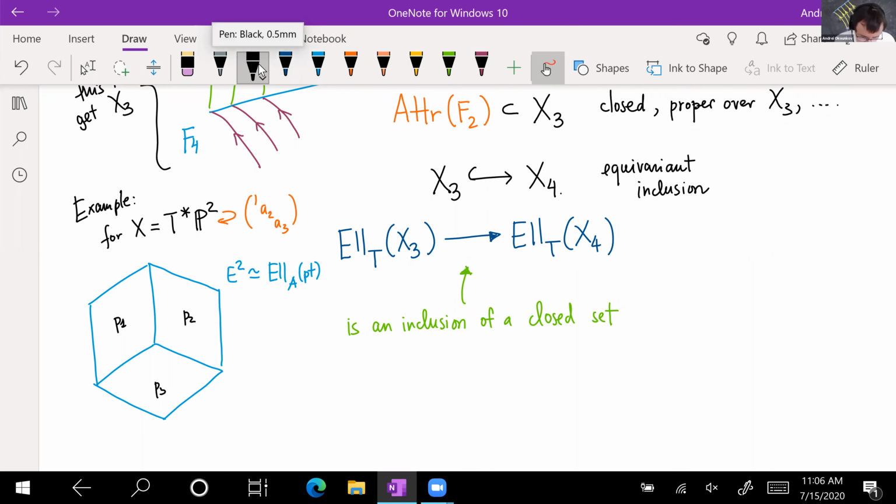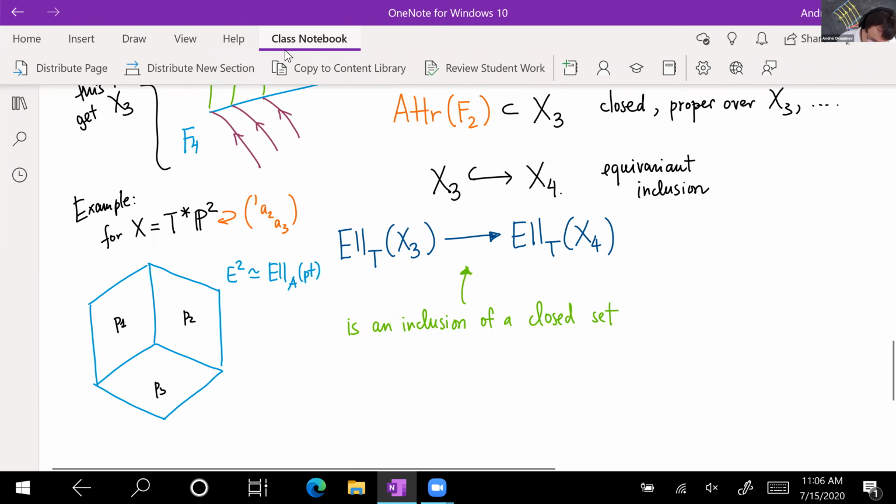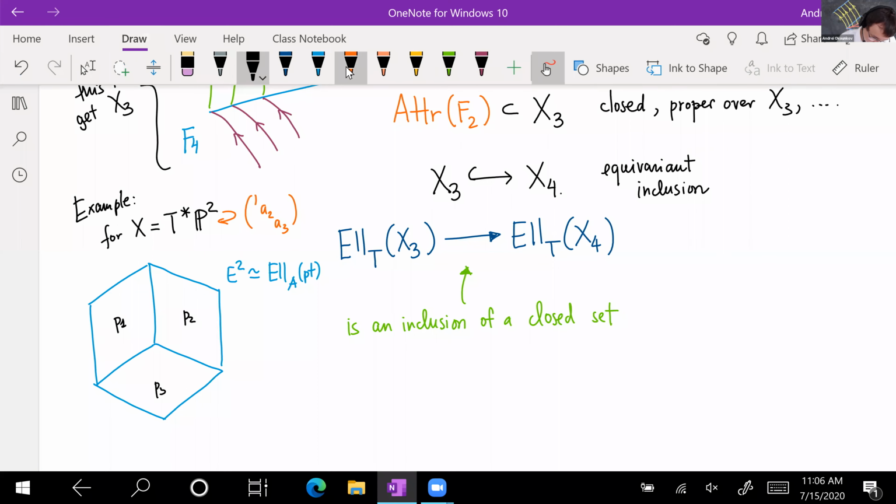And then if I want the inclusion, maybe I'll draw a toric diagram, like that. So I have a triangle like that.